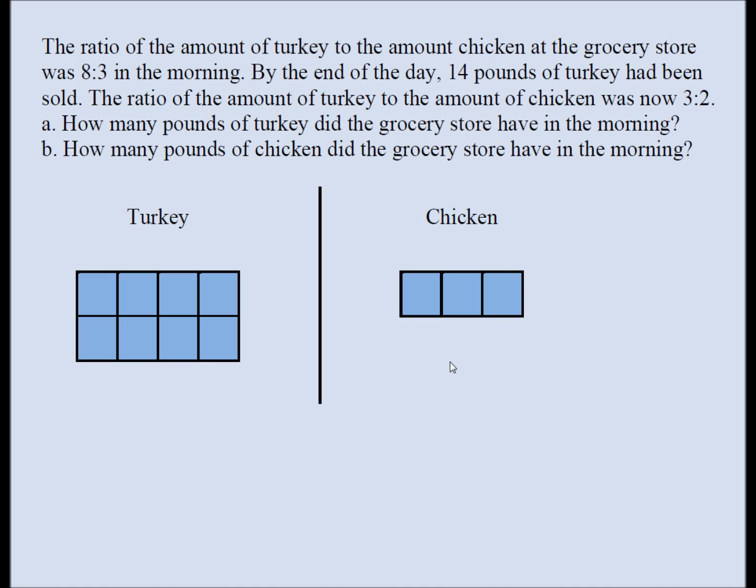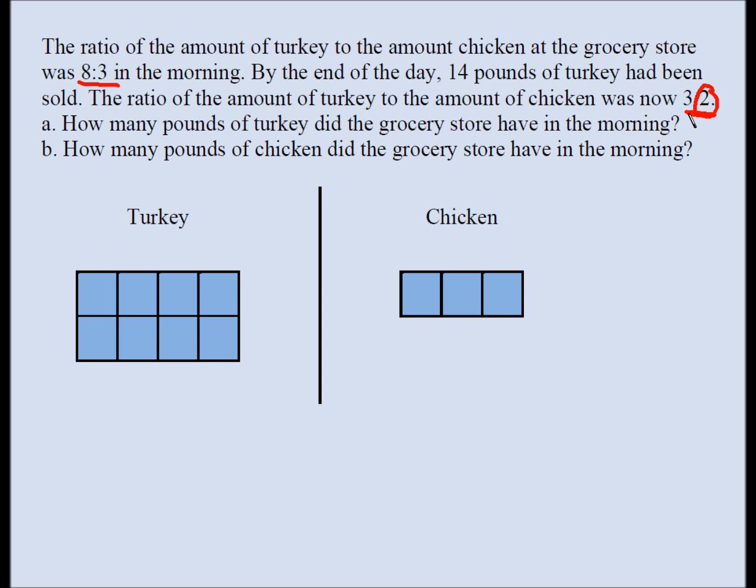Now, here's a question. They didn't sell any chicken, they sold turkey, and the new ratio is 3:2. The ratio of turkey to chicken originally was 8:3, and the new ratio of turkey to chicken is going to be 3:2. Now, we have to split the chicken into 2 parts as well.